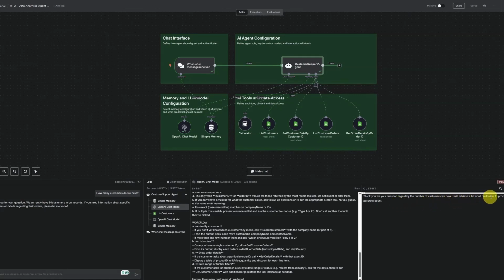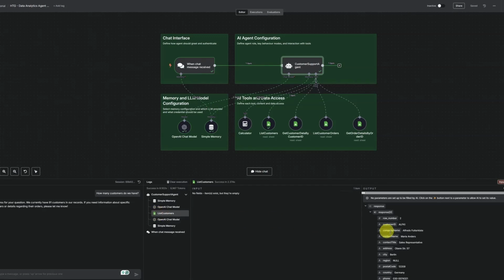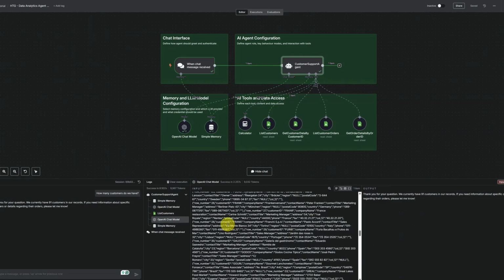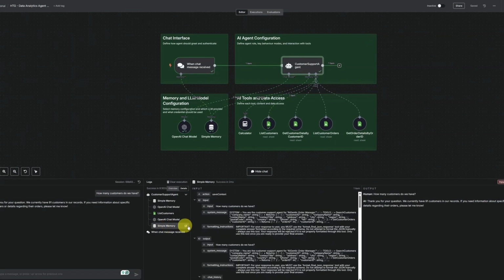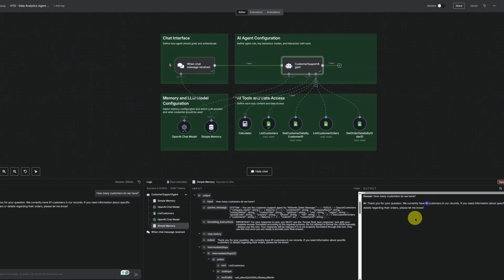I will retrieve a list of all customers to provide you with an accurate count." It then went on to use one tool, list customers, where it retrieved all of the customers. It processed the system prompt as well as the answer from our tool. It referred to the memory for previous parts of the conversation, and it then generated an answer for that. And the answer was 91 customers.